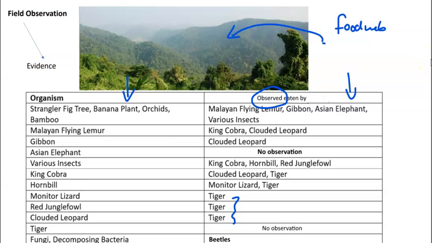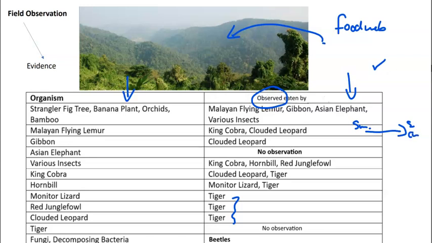Now you should pause the video, download this table in front of you, and attempt to draw a food web in which you connect with an arrow the source of food to where the food is being consumed.